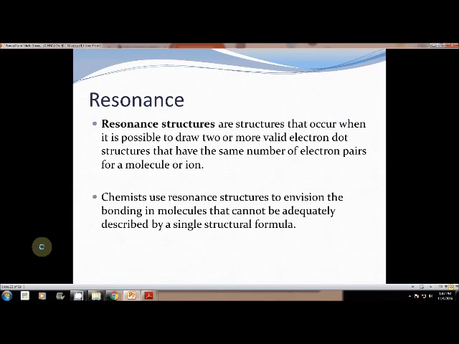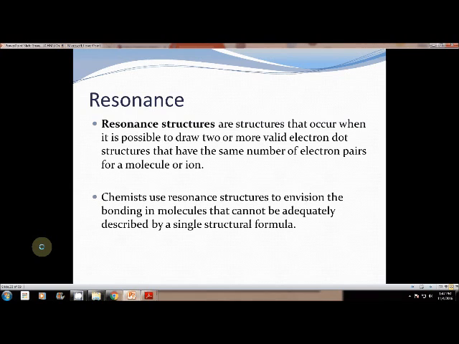This is how, when we draw stuff on the board for our Lewis structures, when I draw it in my notes versus how you draw it in your notes, it might not look exactly the same, but as long as you have the correct number of bonds and the correct number of electrons and everything is good to go, it's the same thing. So that's what resonance structure means.